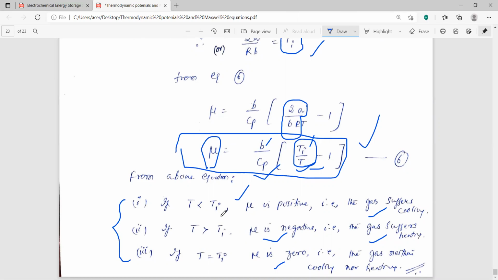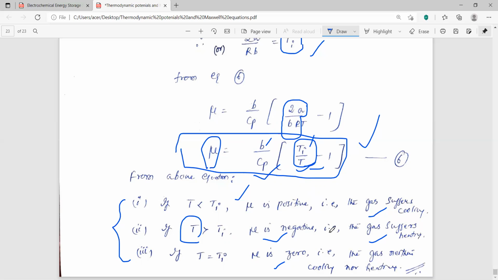If T is less than Ti, μ is positive. That means the gas suffers cooling. If T is greater than Ti, that is, the temperature at which the process is running is greater than the inversion temperature of the gas, then μ will become negative. That means the gas suffers heating.